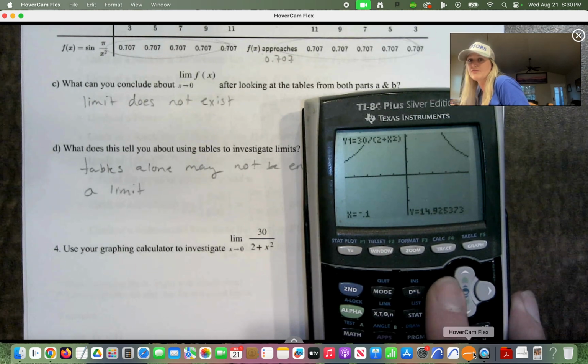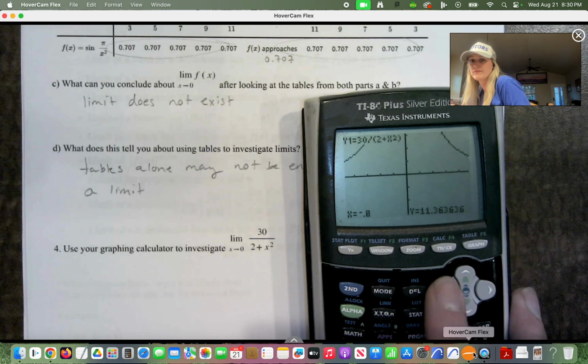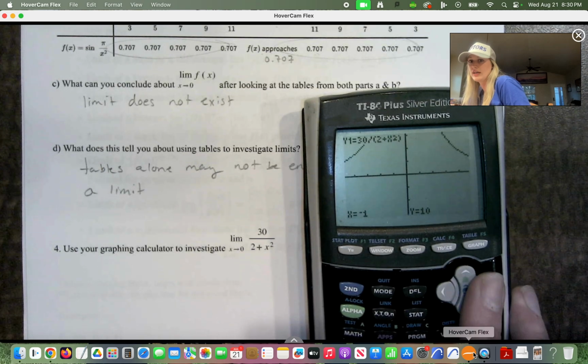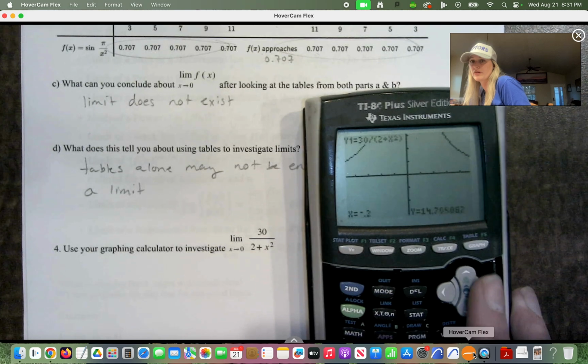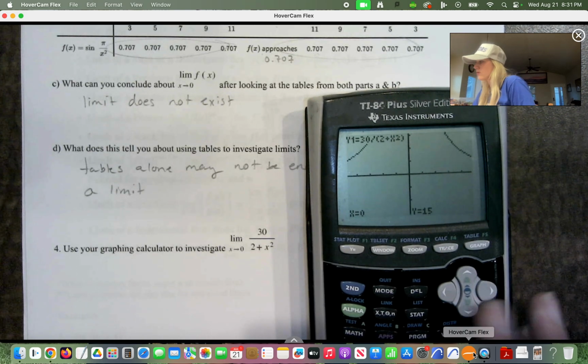And then from the left side, -1, and as I get closer and closer to 0, 12, 13, okay, and I'm getting real close to 0 now, 14.3, 14.7, 14.9. So it does appear to be approaching 15.